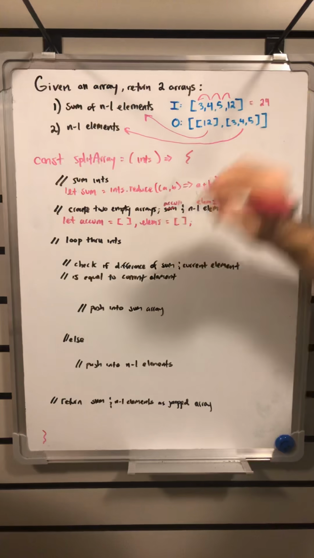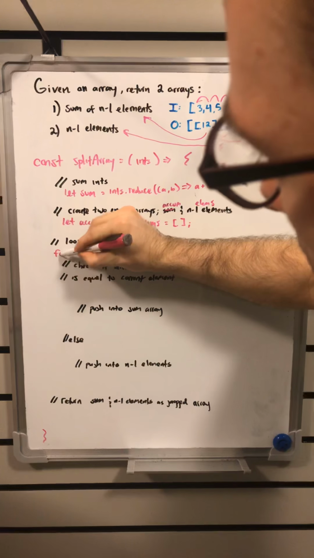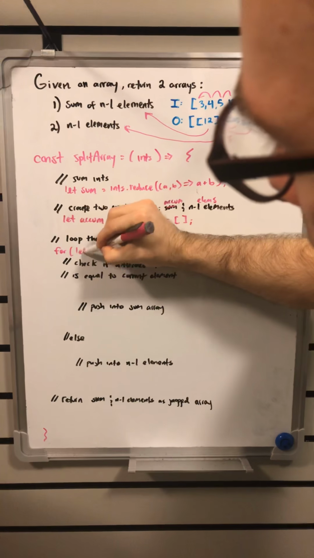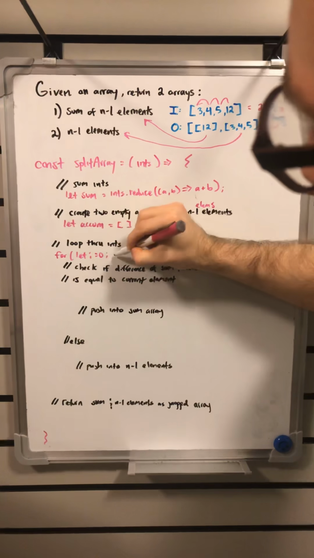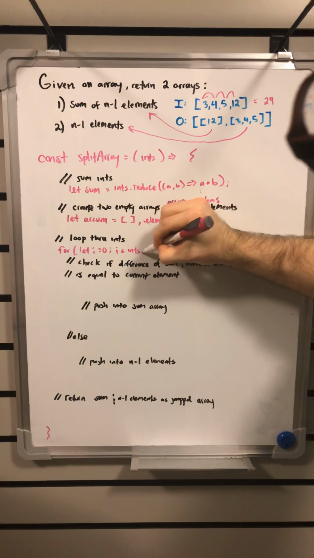Then we're going to loop through the int array. So we're going to say for let i equals 0, i less than the ints length.